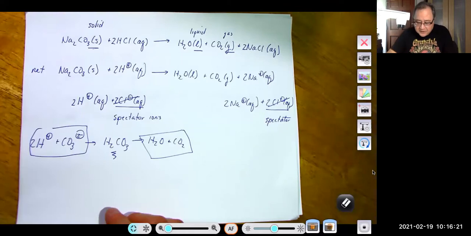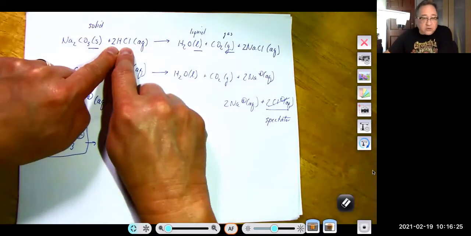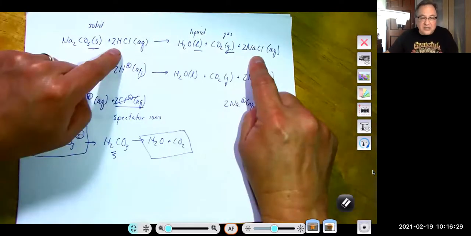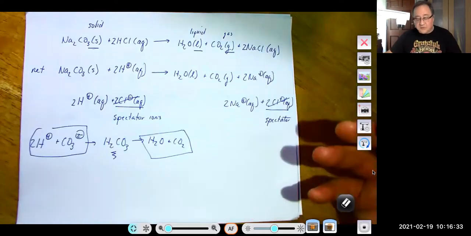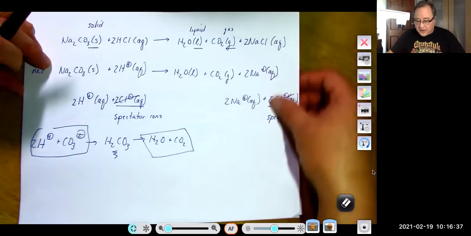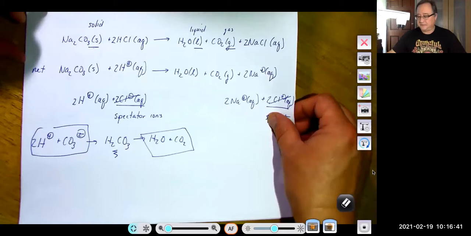And here, this is a chloride ion, 2 of them, in fact. In both cases, they're aqueous. Nothing has changed, so they're not in the net. Okay. So the net is for things that have changed. The total reaction is for everything. Okay? Yeah, thank you.